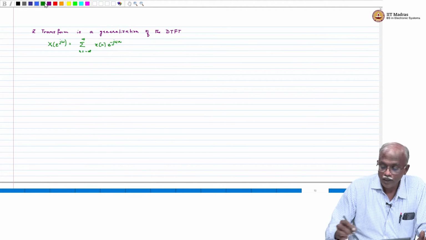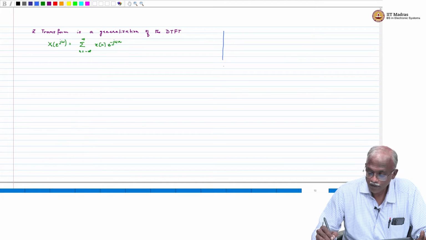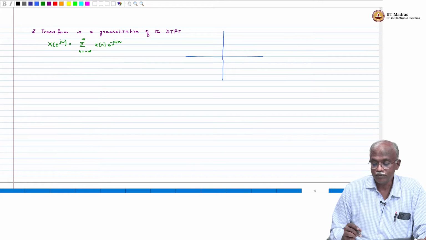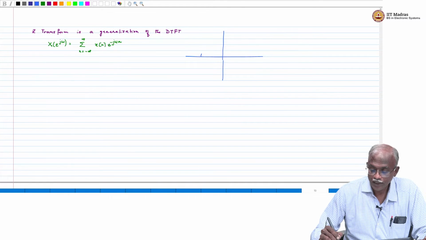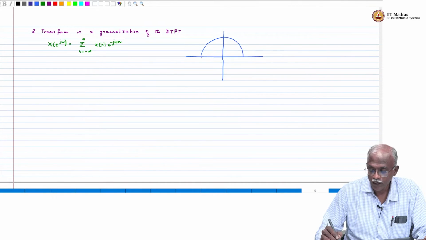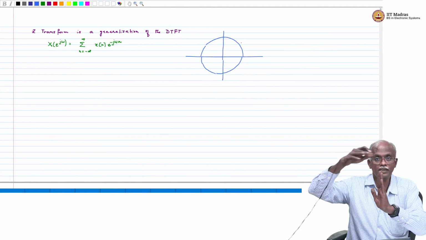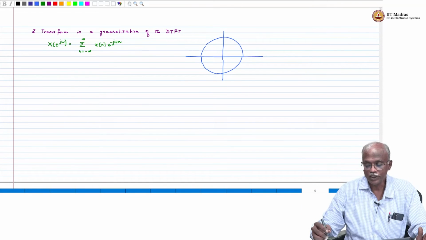Now, if you were to look at the complex plane one more time, where are we computing the discrete time Fourier transform? We are computing it on a circle whose radius is equal to 1. Why do I say that? e^{jω} is a complex phasor whose amplitude is equal to 1.